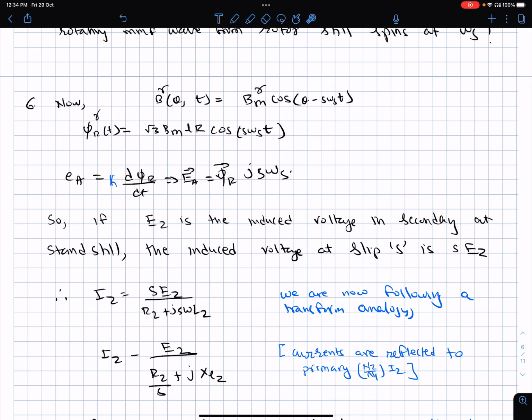Since the rotor is seeing alternating phenomena at s omega s, the reactance will be L2 times s omega s, the leakage reactance, to be added with plus j, being a magnetic circuit, and then R2 is the resistance.